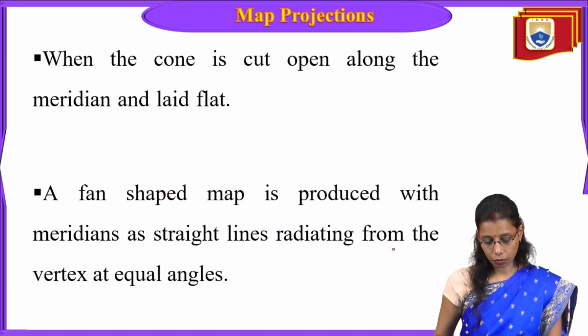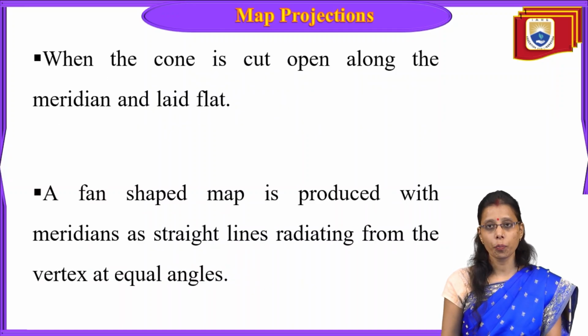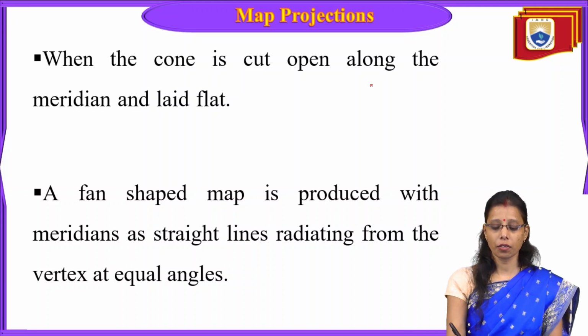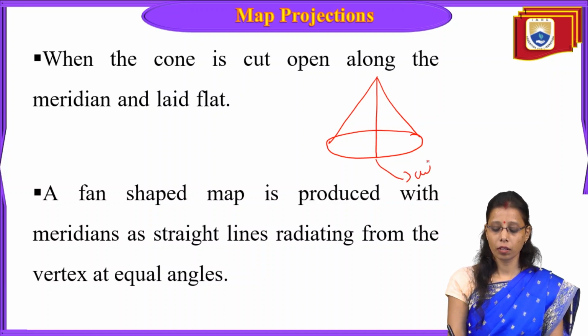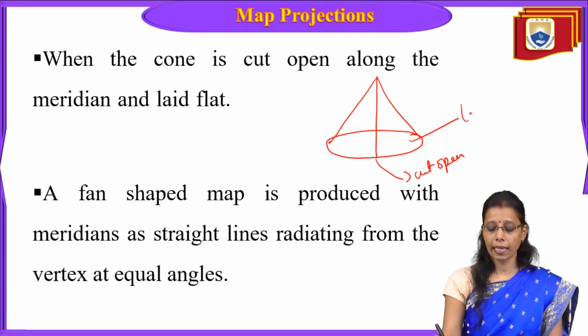So when the cone is cut open along the meridian and laid flat, this is the cone, we just keep it on the globe. From the center, cut open and just laid flat.